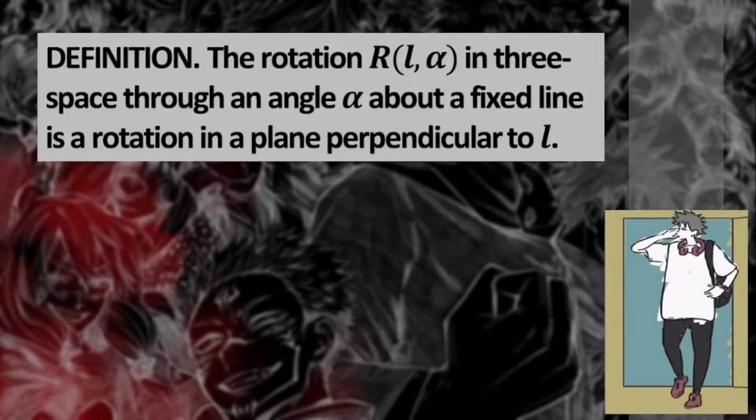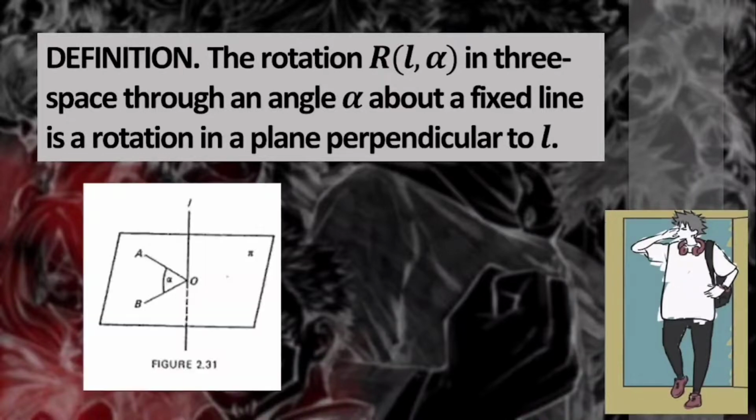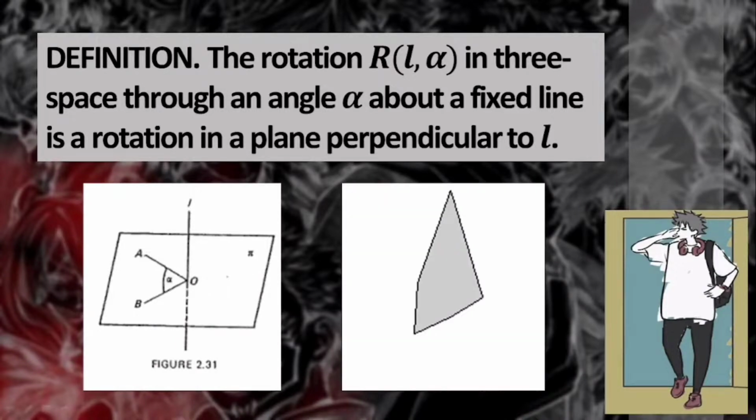Definition: the rotation R sub L alpha in 3 space through an angle alpha about a fixed line L is a rotation in a plane perpendicular to L. Figure 2.31 shows this rotation.